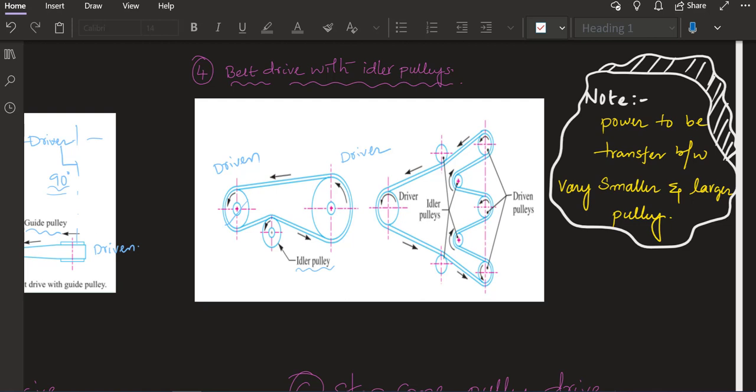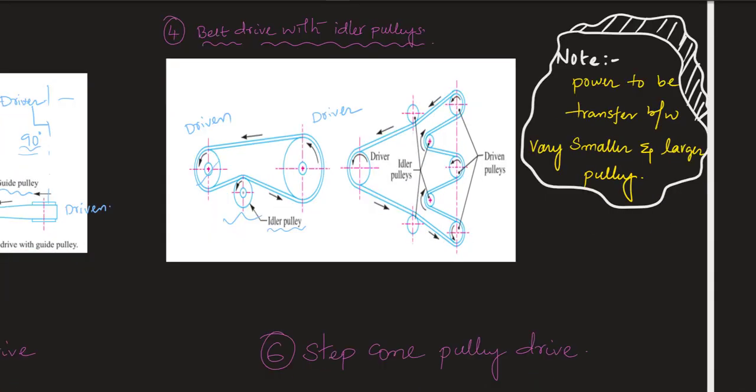Or let me tell you in this way: if one of the pulleys is very small when compared to the other pulley, then the required angle of contact between the belt and the pulley may not be there. So in order to transfer the power in such a belt drive, we'll be using an idler pulley so that the required power can be transferred.